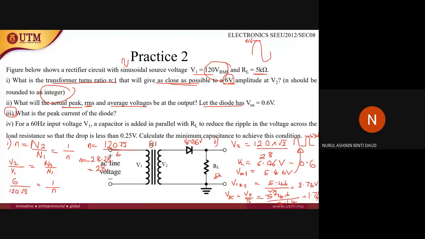Half wave. Half wave rectifier. Okay. Half wave rectifier VRMS. Oh, it's divided by 2. Sorry, it's divided by 2. It's correct. If you check my previous notes, I show to you the notes that I gave to you in the previous class.